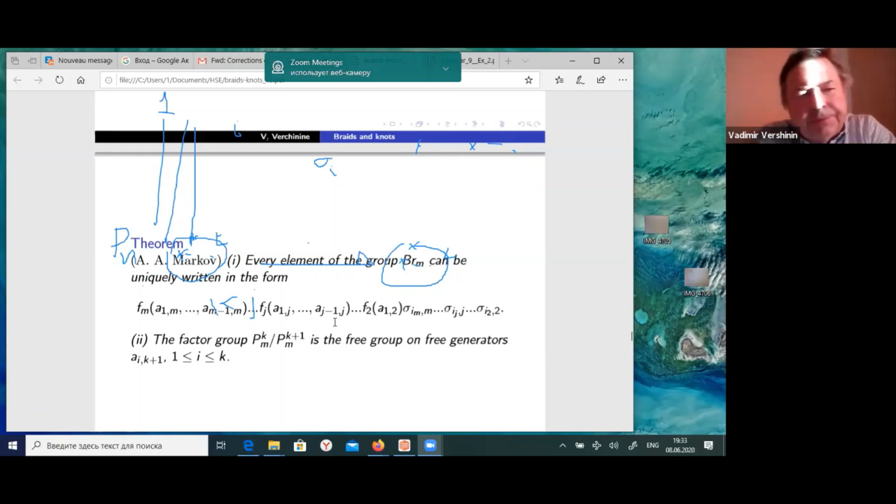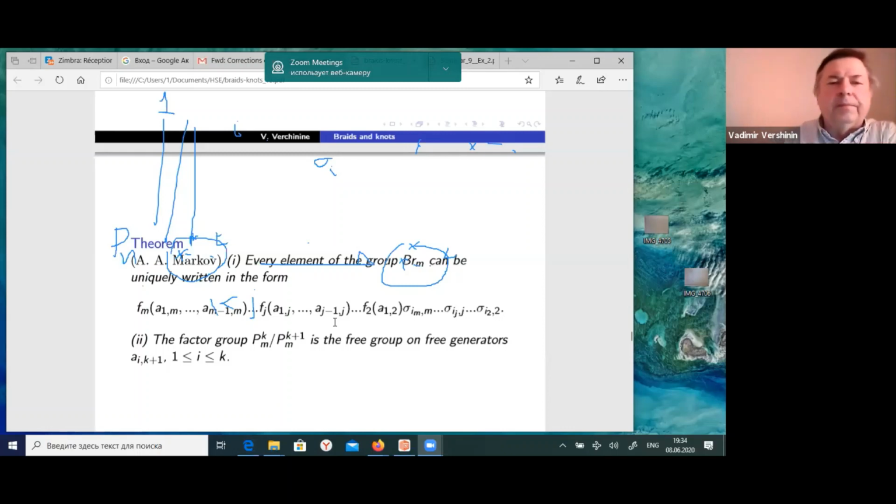It appeared in 35 in the work of Markov in Russian, so it's not known actually in the West as the Markov form, because it was in Russian, and in 47 Artin published a second work on braid group, where he named this probabilistic process the combing of braids.